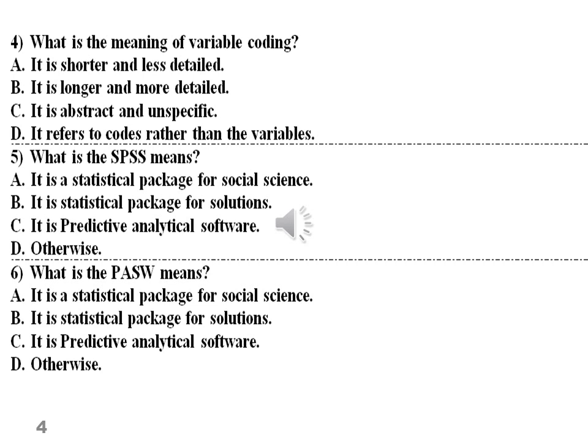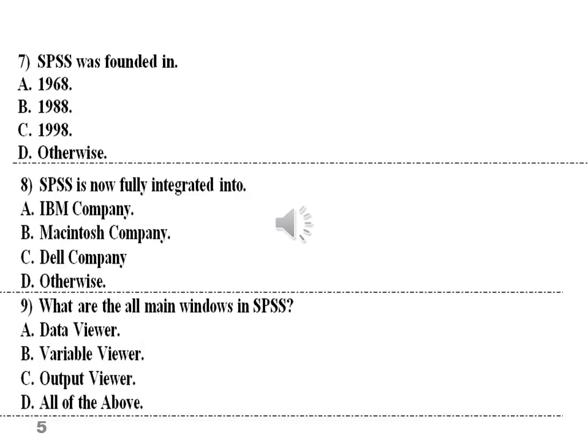Number 6, what does PASW mean? The abbreviation PASW. It is a statistical package for social science, a statistical package for solutions, or predictive analytical software. Otherwise it must be letter C, predictive analytical software.